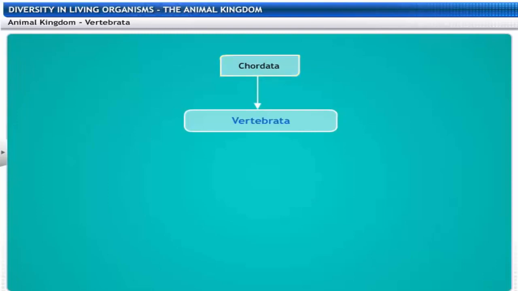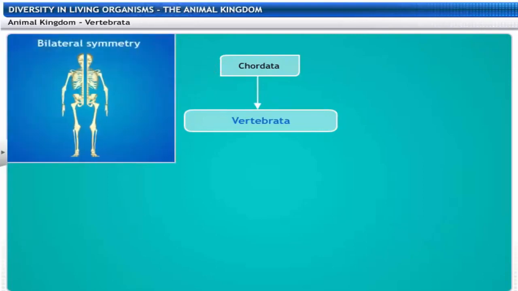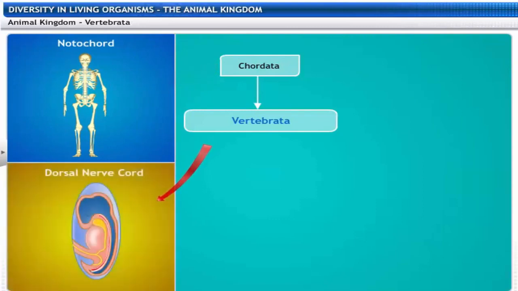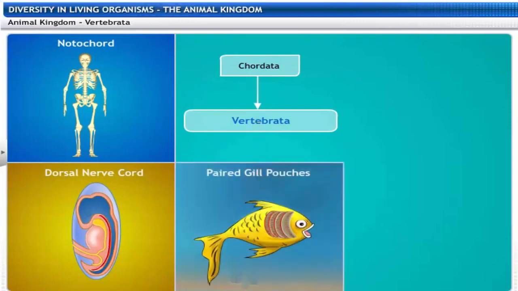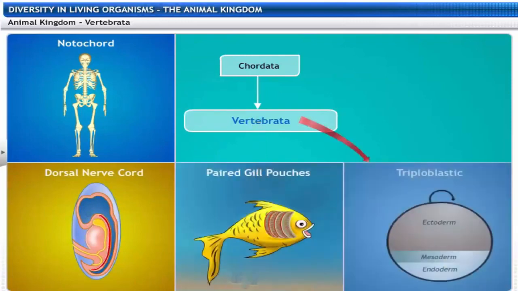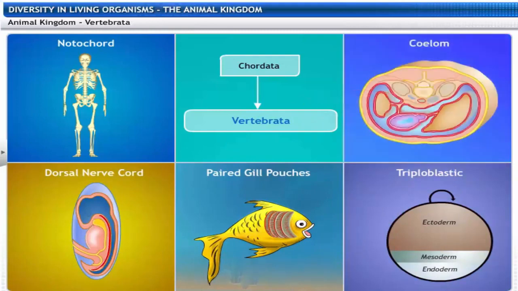Subphylum Chordata or Vertebrata is classified into different classes based on bilateral symmetry, notochord, dorsal nerve cord, paired gill pouches, triploblastic, and coelomate.